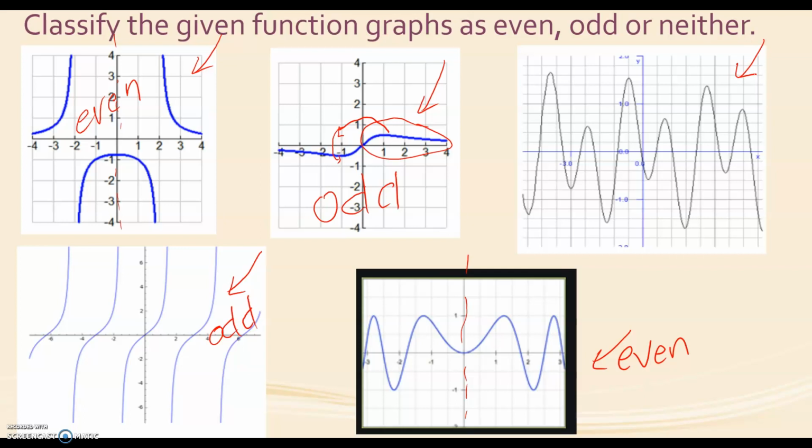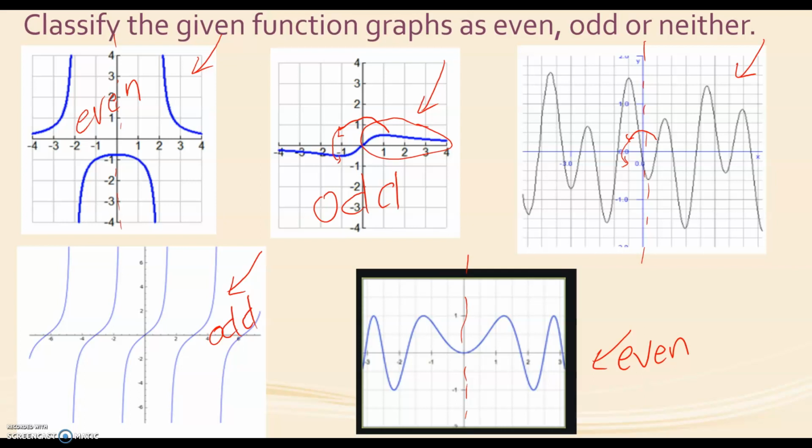Okay, let's talk about this last one left. Is this even? If I were to fold the graph across the x equals 0 line, they don't overlap. So I know this is not an even function. Are they odd? Well, if I just take a point right here and I shift it across the y-axis, and I shift it across the x-axis, do I have a point right here? Well, the answer is no, I don't have a point right there.